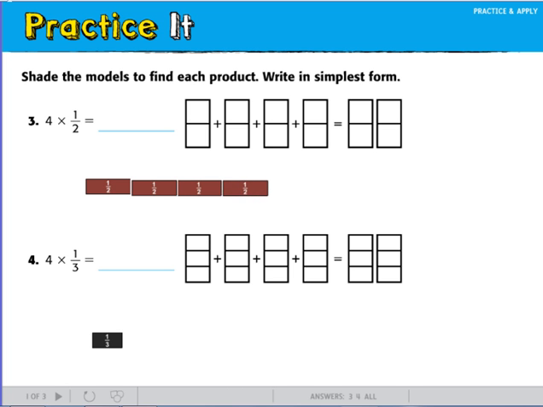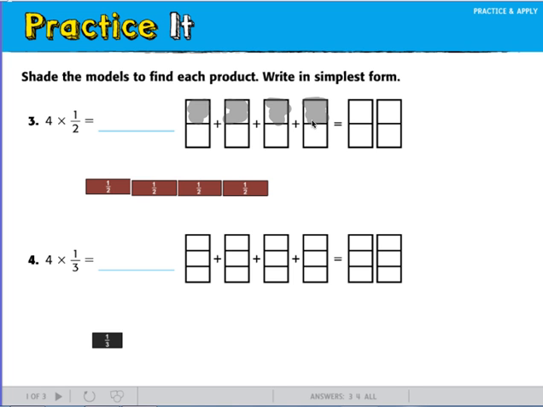On my model up here, I need to shade in 4 halves. 1, 2, 3, 4.